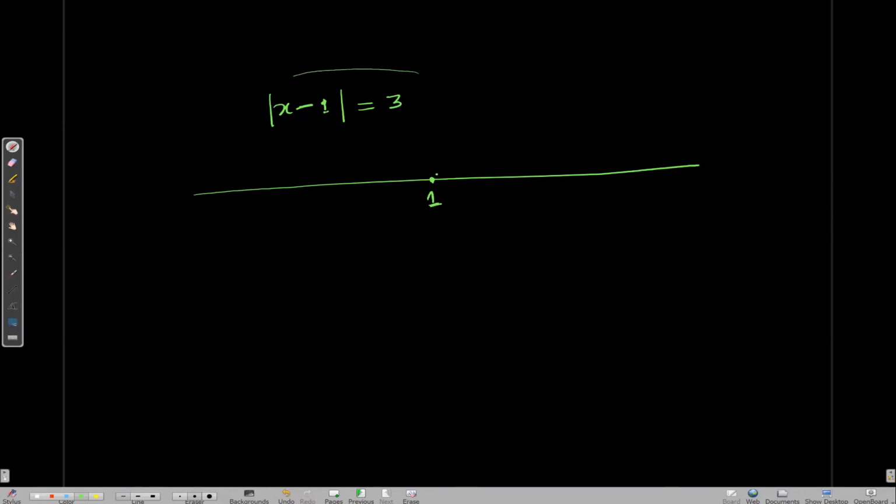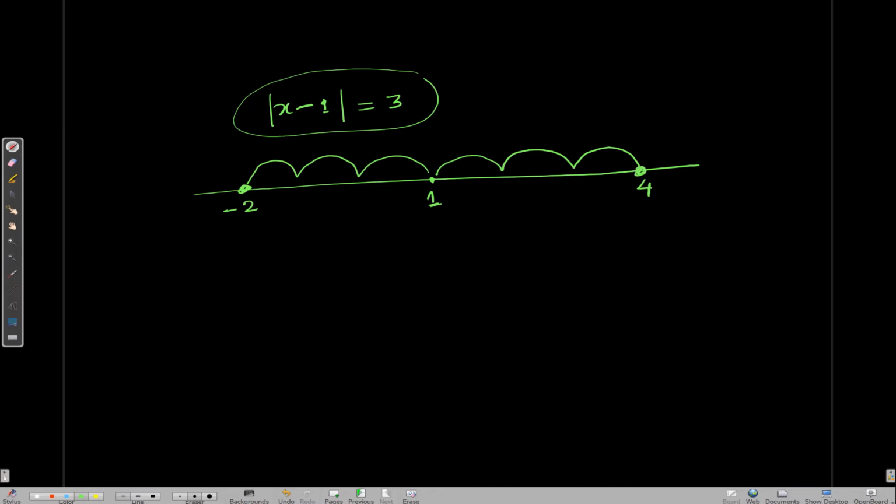So the geometric interpretation of this equation is 1, 2, 3. So 2, 3, 4. 1, 2, 3. So 0, negative 1, negative 2. So these 2 points are our solution.